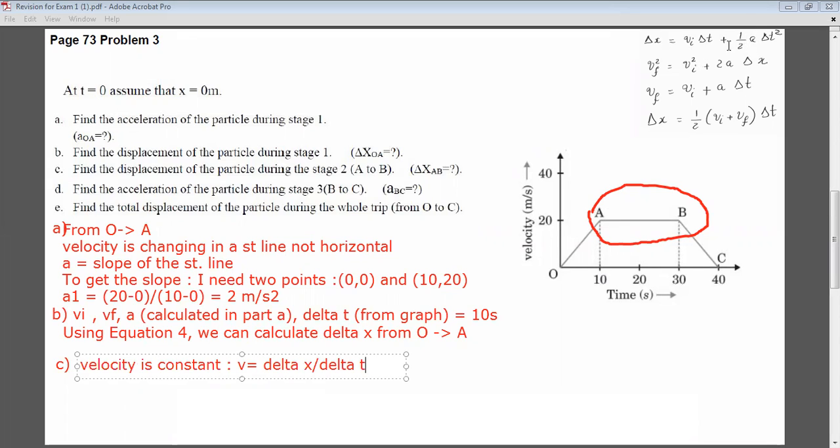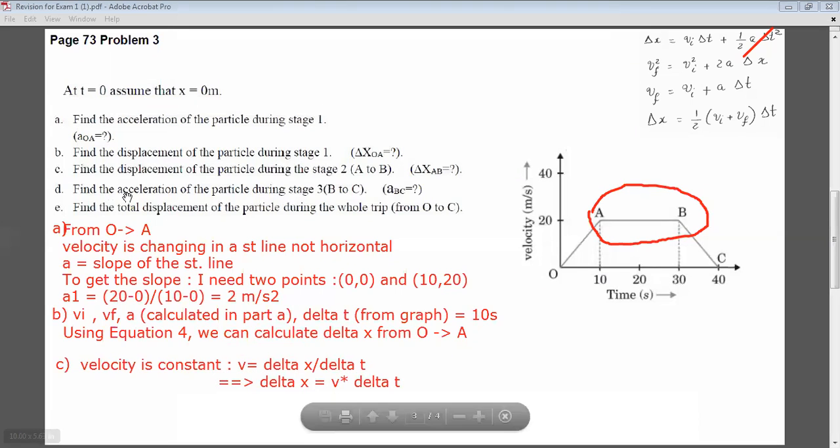Because if we put acceleration as 0, I will have the same equation: delta x will be the initial velocity times delta t. So from here, it implies delta x is equal to v times delta t.